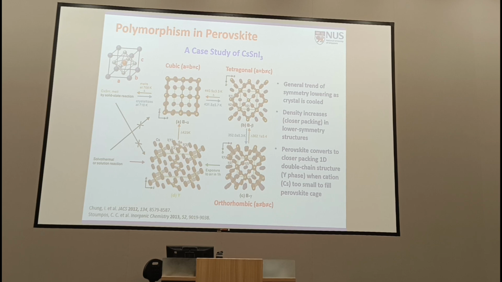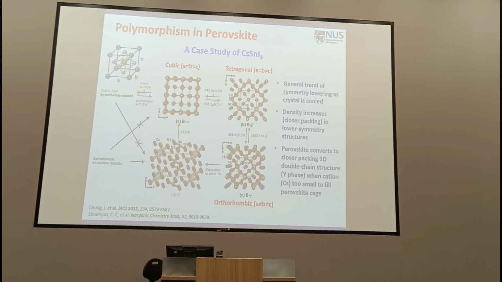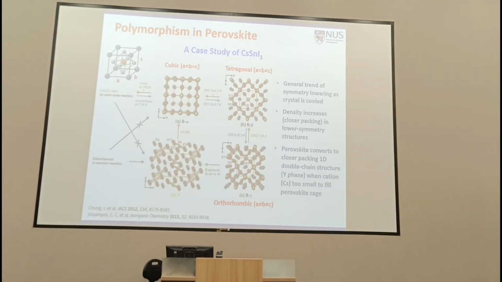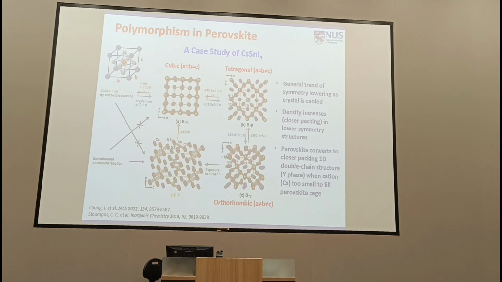That means it can change into another structure if I lower the temperature. If I lower the temperature, it can form what we call a tetragonal structure, a distorted structure. Perovskite, but distorted. A tetragonal structure is where two sides have equal length and one side has unequal length: A equals B, but not equal to C.